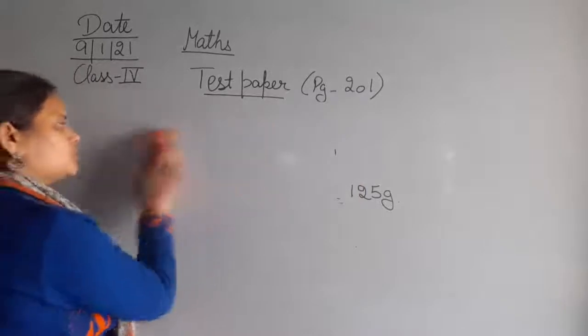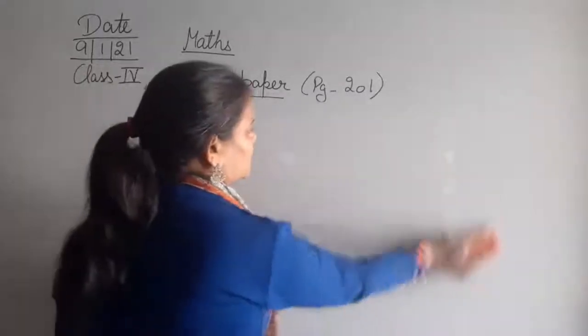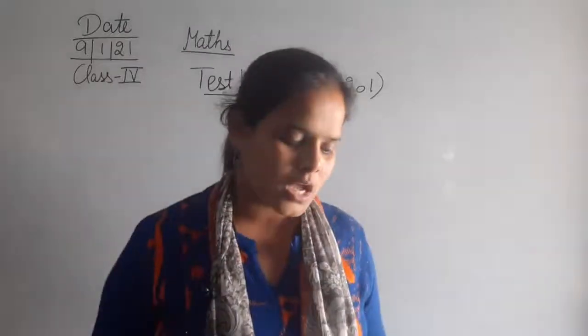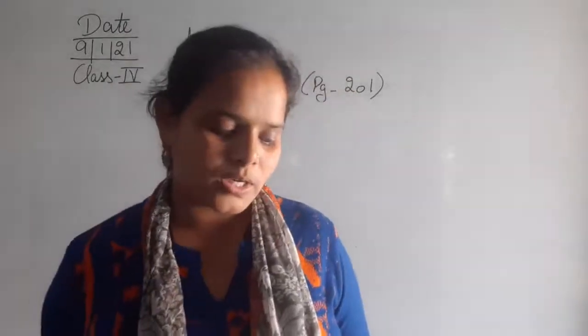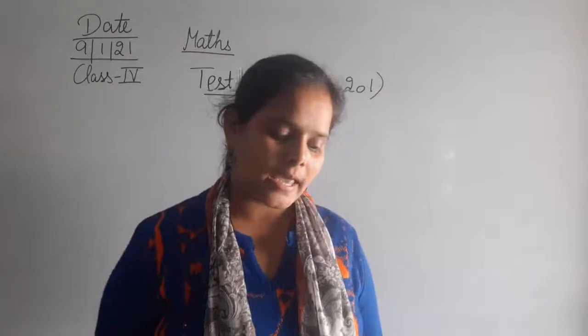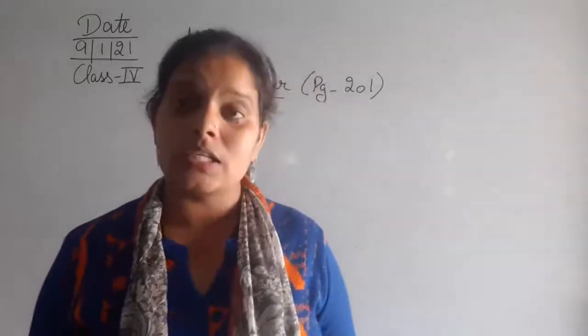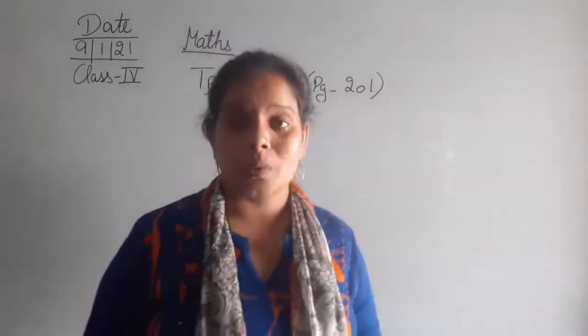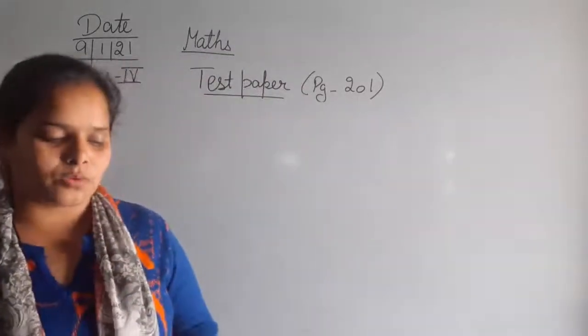So now we are moving to the third question from your maths book, that is, how many times a 200 ml container can be filled with 1 liter 800 milliliter oil. देखिए क्वेश्चन को पहले आपको ध्यान से समझना होगा.